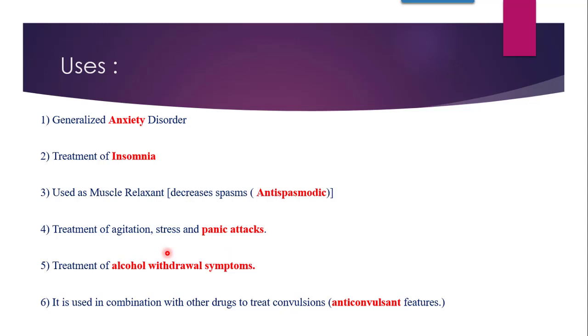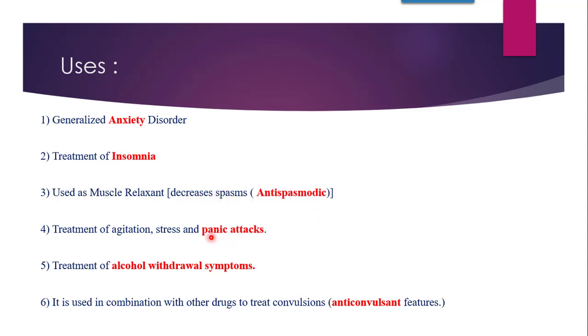Coming towards the uses, these are the general uses which you can see here. First is in treatment of anxiety, as we have seen in the general uses of tranquilizer. Then treatment of insomnia, lack of sleep at night. Then it is used as a muscle relaxant. In scientific terms it is called antispasmodic, because it is responsible for decreasing the spasms.